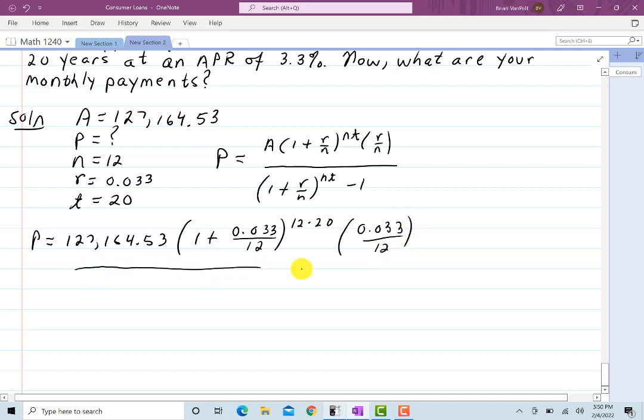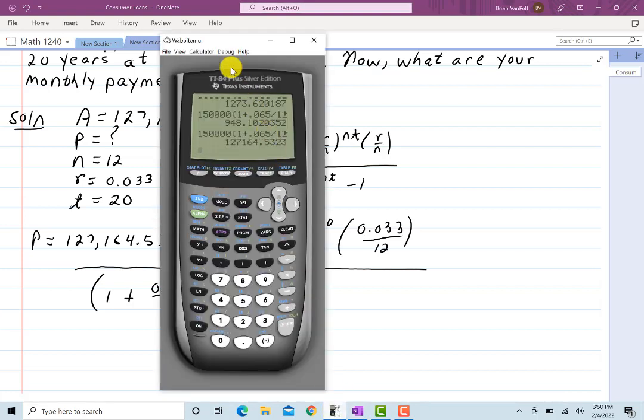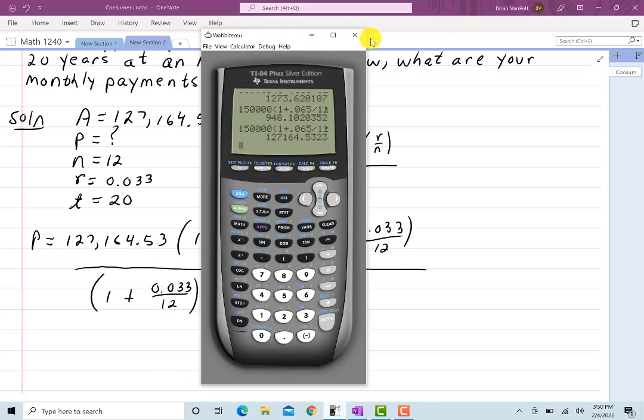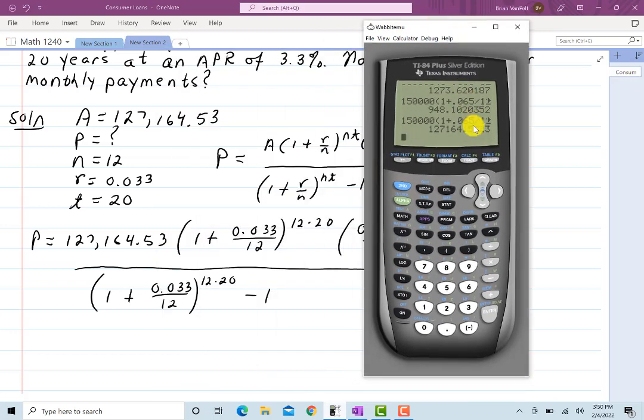All of that divided by 1 plus 0.033 over 12 to the 12 times 20 minus 1. And let's have the calculator run this. Of course, I'm going to have to go up a few steps to find out where my previous stuff was. I don't think it was in the previous step, but I think it was up here. Let's see if that's true. It looks like it, yes.